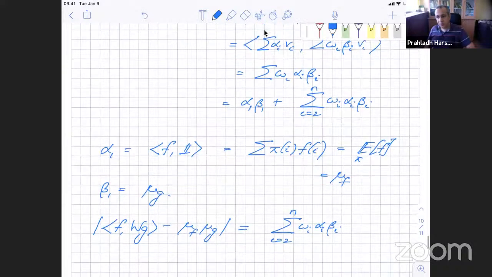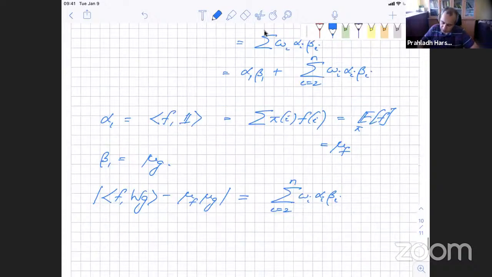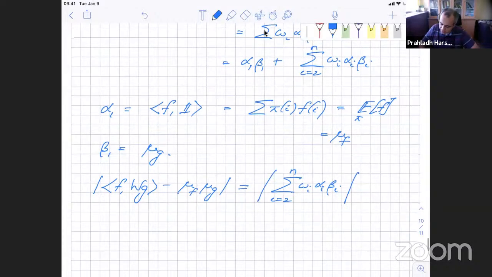Are people with me? This is the difference we wanted to calculate. That difference is exact. If you take off the first term from this inner product, exactly the remaining term is the error between these two. So it's the absolute value of this, which is less than or equal to omega times the sum of alpha_i beta_i for i going from 2 to n, because of the way I defined omega.